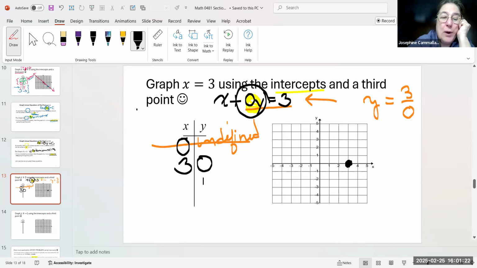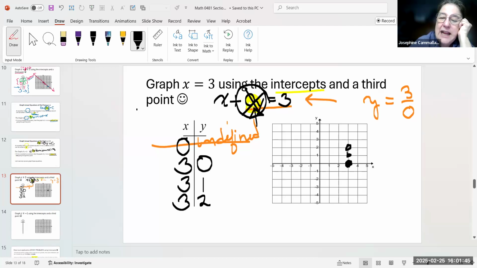If I put a 1 there, it's still going to disappear and give me a 3. If I put a 2 here, for 0 times 2, it's still 0. Y is 3.